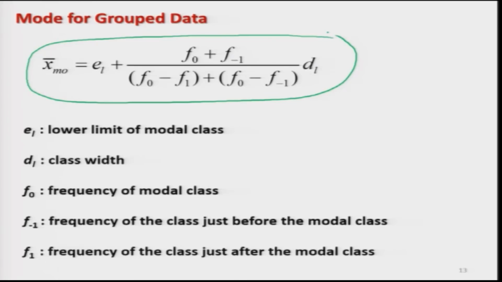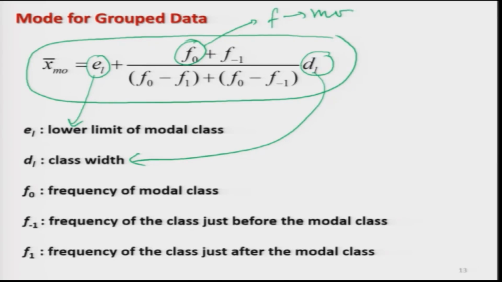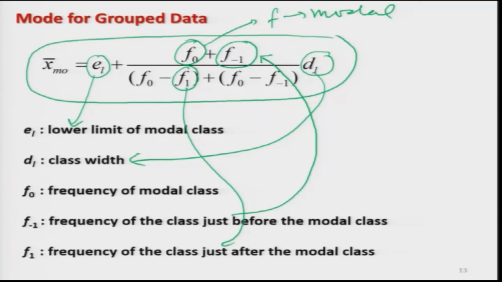In order to compute the mode for grouped data, the expression is given like this. This is based on certain derivation, but I am not going into that detail. Here EL is the lower limit of the modal class, DL is the class width, and f0 is the frequency of the modal class. f with subscript -1 denotes the frequency of the class just below the modal class, and f1 indicates the frequency of the class just after the modal class.